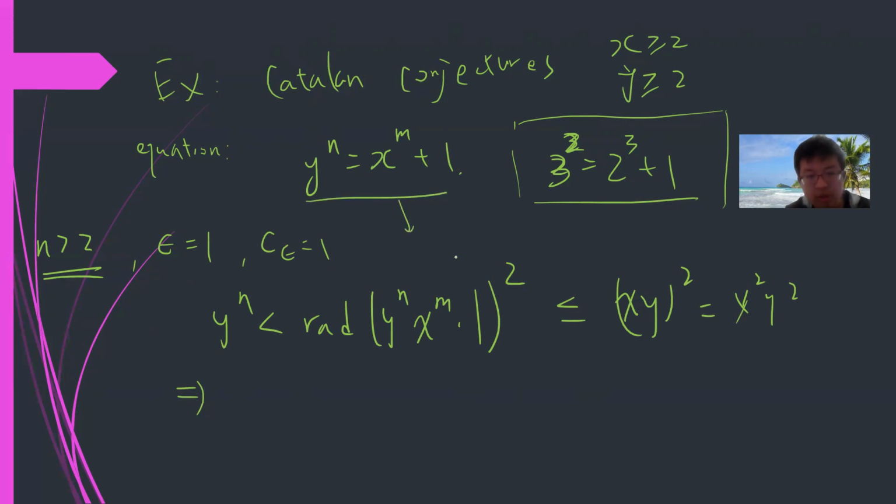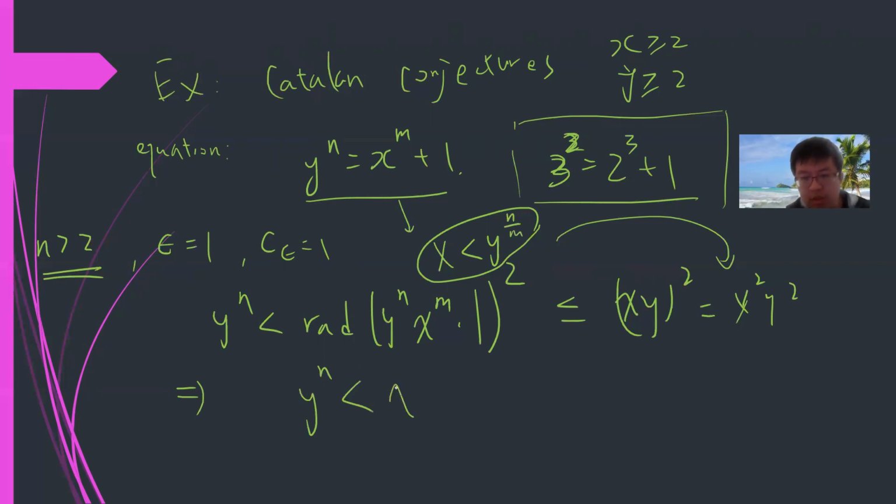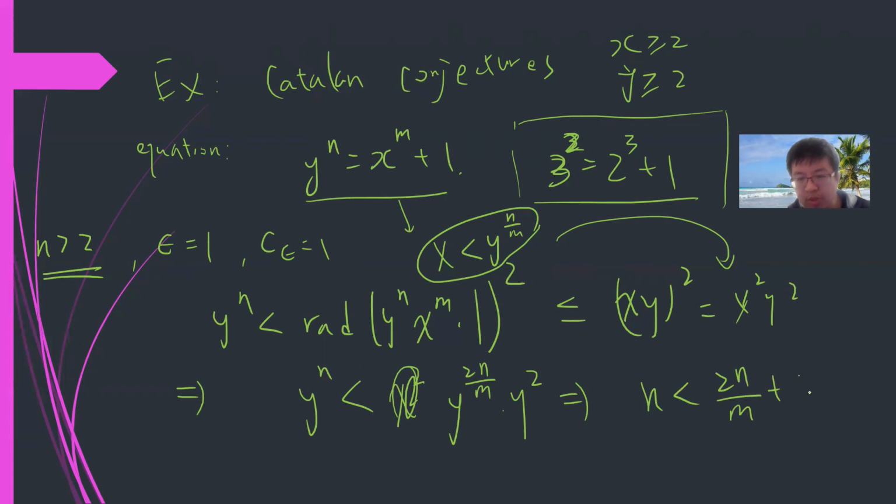From here, I can get x less than y to the n divided by m. So I can plug in here, and I get y to the n less than y to the n divided by m times y squared. So I get n less than 2n divided by m plus 2. This gives me m less than 2 times 1 plus n divided by n.